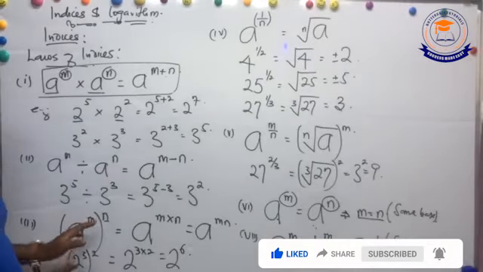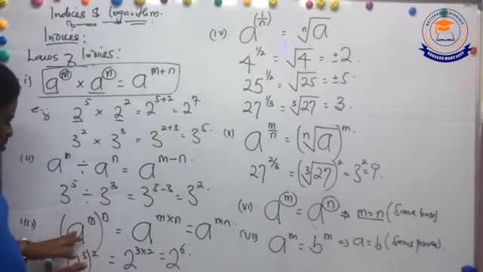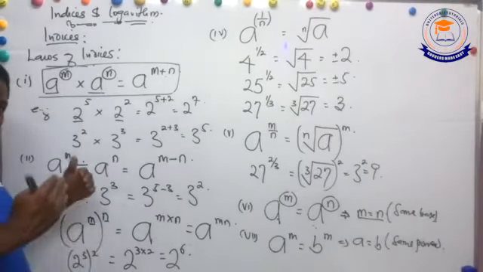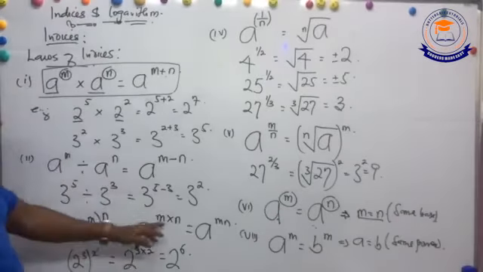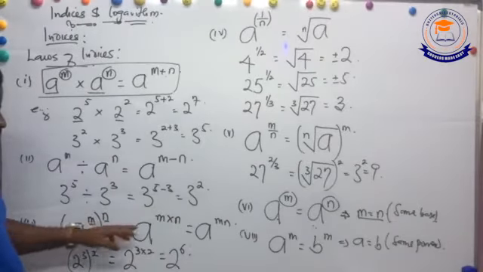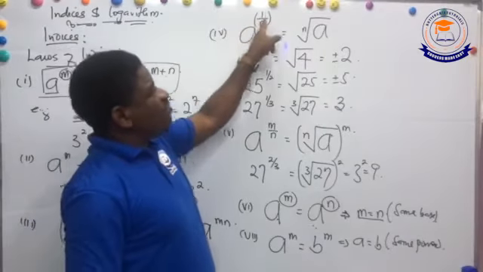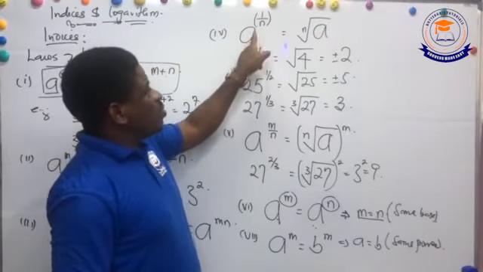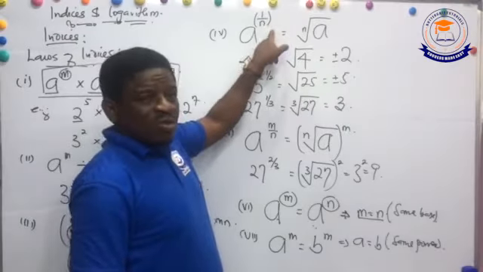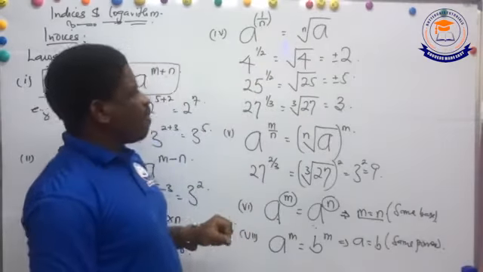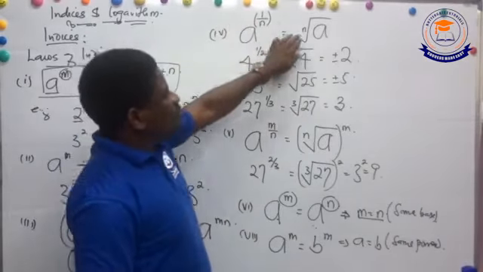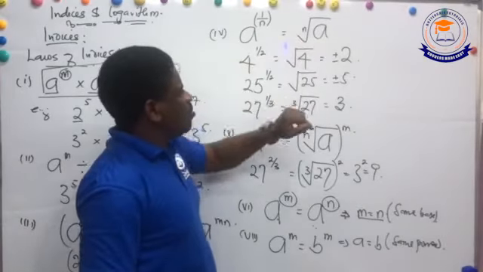Now, when you have indices whereby power into power, then you multiply the powers. Then you are going to see when the power is in fraction, then it's going to be the root of the denominator.